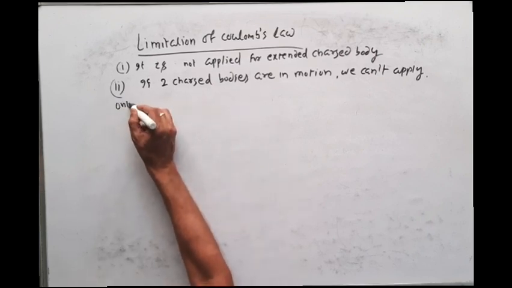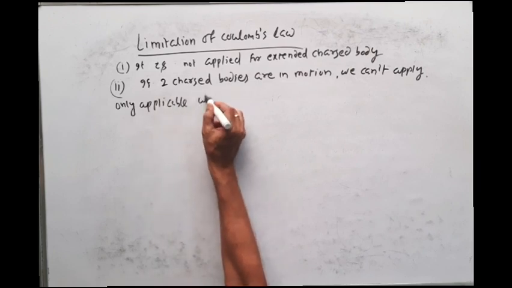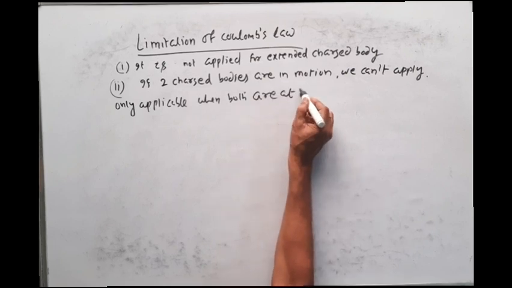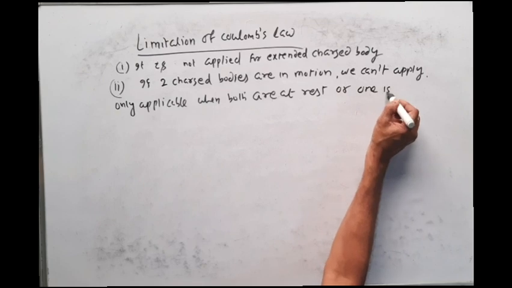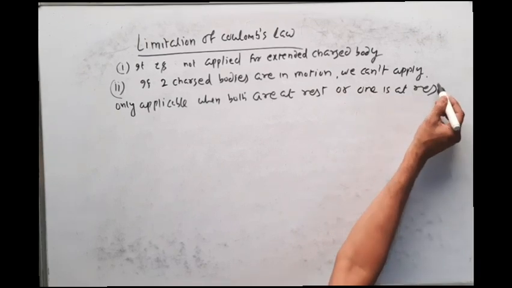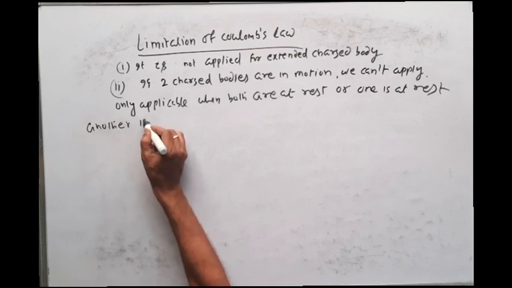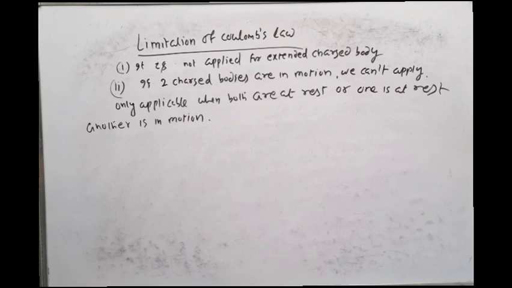It is only applicable when both are at rest, or one is at rest and another is in motion. So these are the limitations of Coulomb's law.